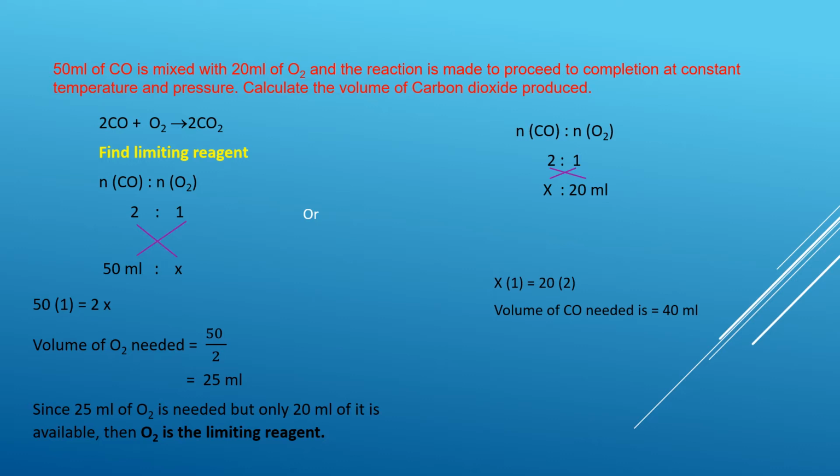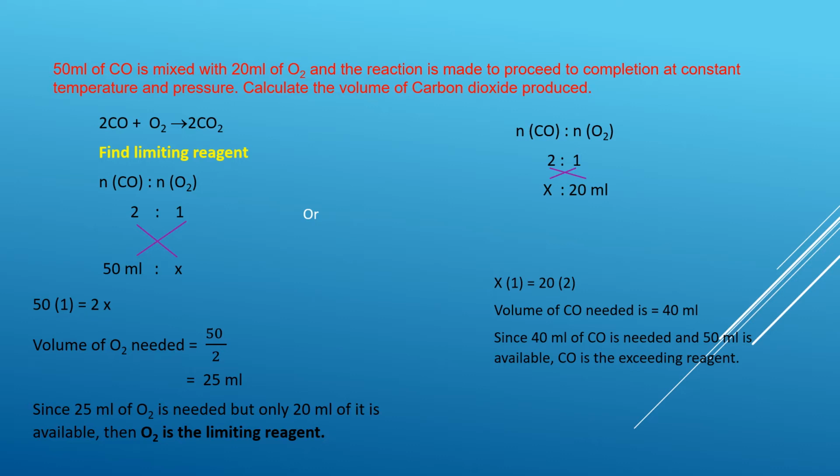Since we need 40 ml and we have 50 ml of carbon monoxide, that basically means that carbon monoxide is an excess reagent. That means it is more abundant. In our calculation, we are only required to find the limiting reagent.